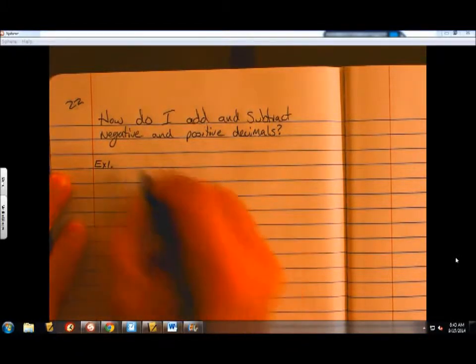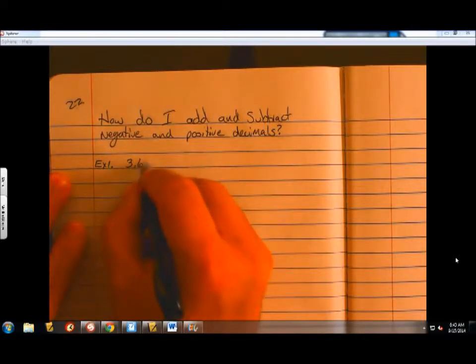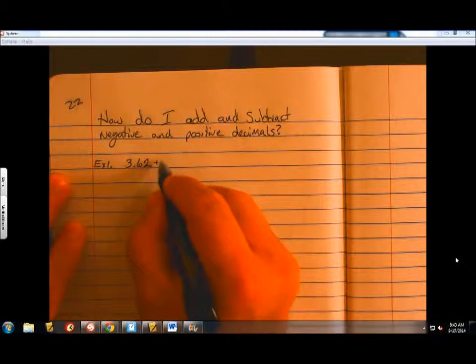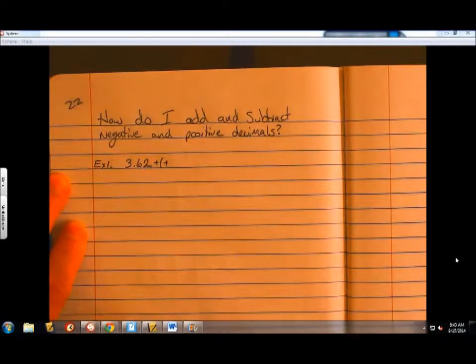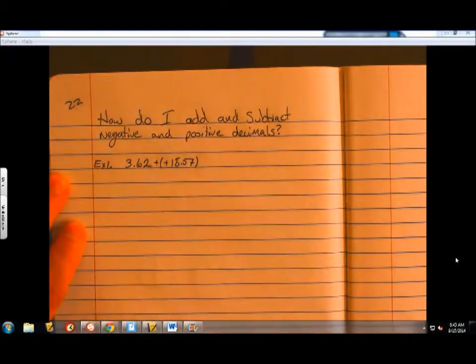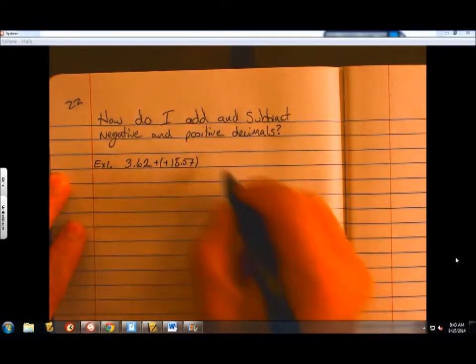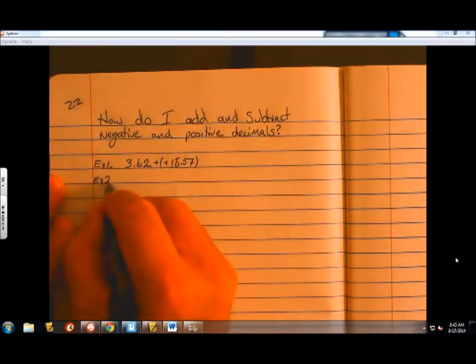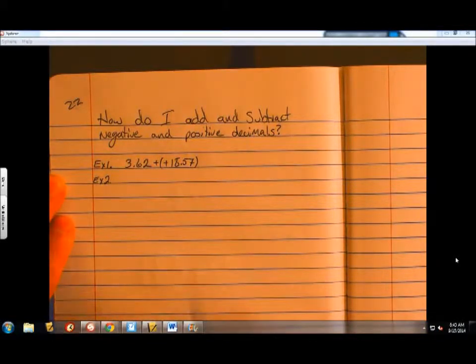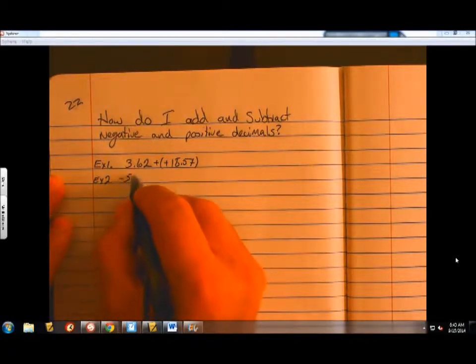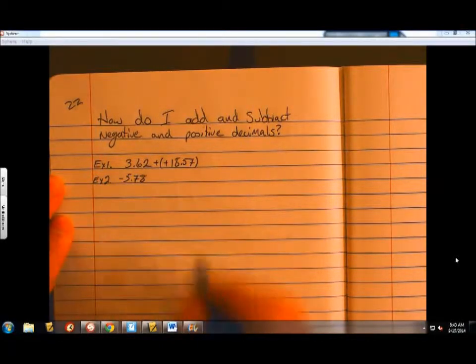Example number 1 is 3 and 62 hundredths. We're going to add a positive 18 and 57 hundredths. Example number 2 is negative 5 and 78 hundredths.